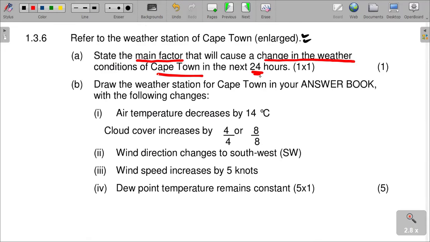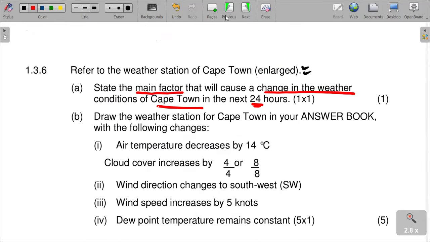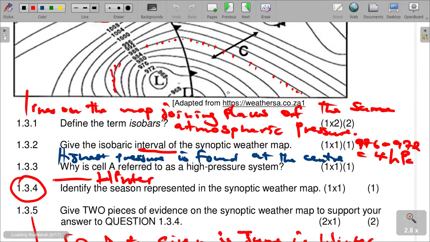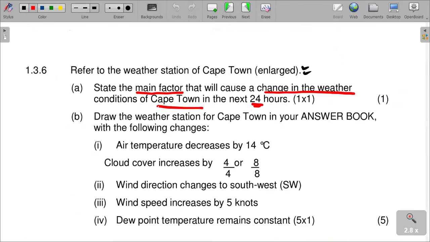What you can see there, if we go on the map, is Cape Town, and we are seeing that the cold front is approaching Cape Town. So what is it that can change the weather? It is obviously the approaching cold front.